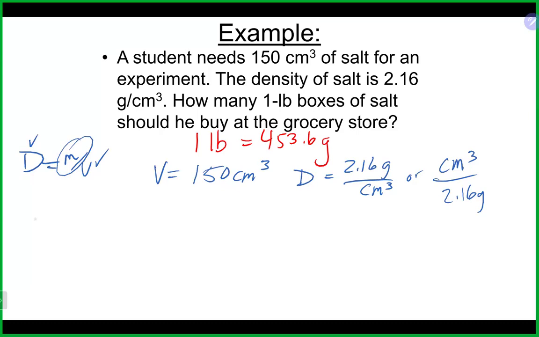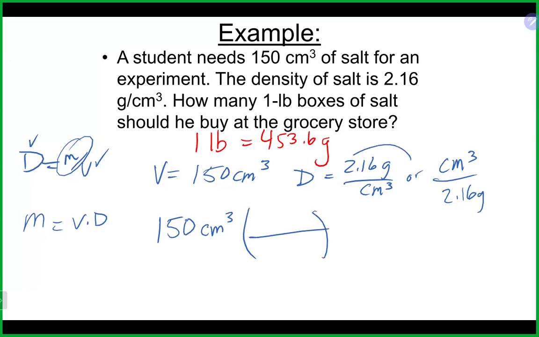We're going to multiply the volume to the other side, which gives us volume times density. I'm actually going to do more of a dimensional analysis calculation here. We would take our 150 cubic centimeters, which is our volume. Once again, we'd just go opposite, so you don't even have to worry about rearranging this correctly if you take a dimensional analysis approach, because all you have to remember is opposites cancel, right?